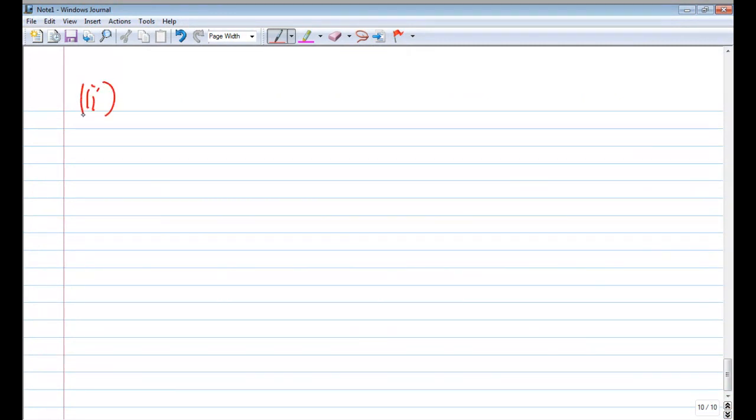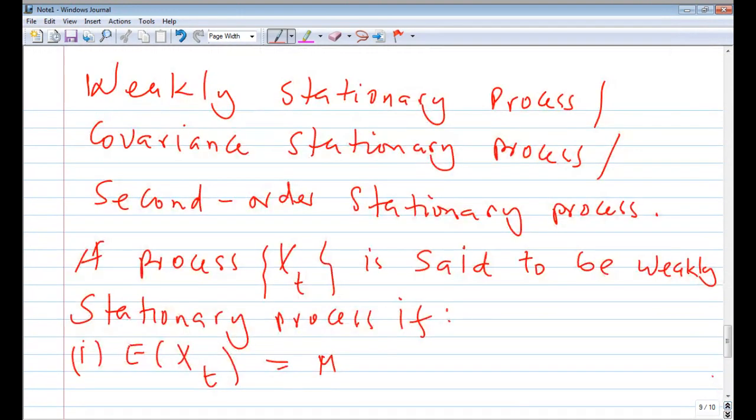the variance of Xt. Sir, go back to that page, I'm still copying. Okay, let me just write it here then. Condition number 1, expected value of Xt equal to mu.